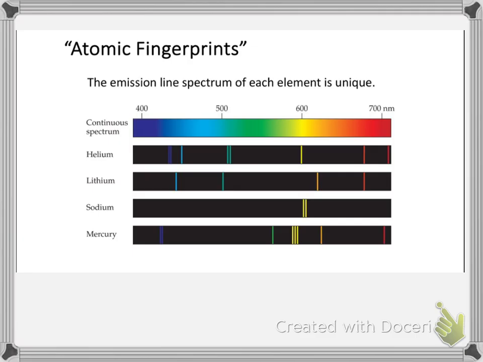For example, even in outer space, you can look at its emission spectra. On the top is the continuous one, that's just the white light. But then you'll notice there are other gases, not just hydrogen: helium, lithium, sodium, mercury, and you can see how they vary. So this is a way that gases can be identified.